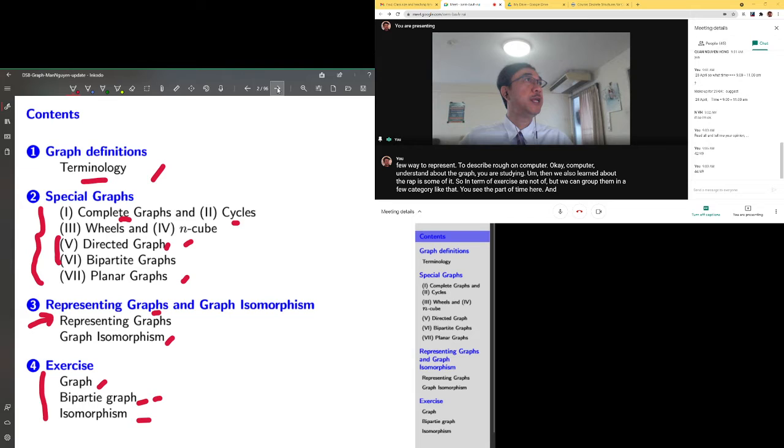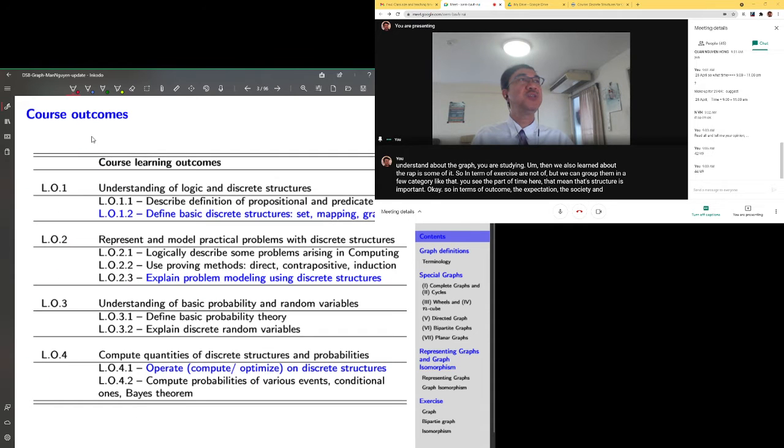In terms of outcome, what society and the university expect you to have after studying lecture number 8 is shown in blue here. Overall, you have 4 major learning outcomes or categories to obtain, but look specifically at LO1. L means learning, O means outcome.